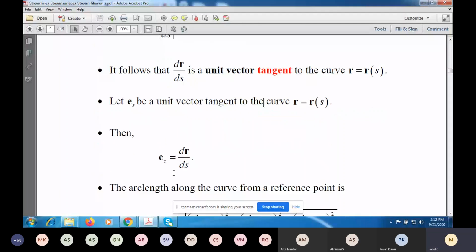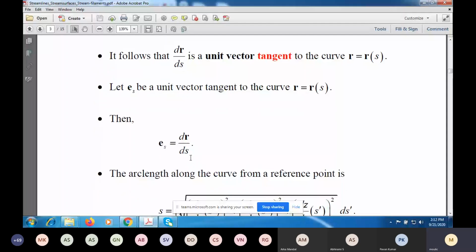Then I can say that ES is dr/ds. Of course, if one wishes, I can also say ES is minus dr/ds, because there can be two directions. The vector can either point in the direction of increasing s or decreasing s, depends on which way you go. But there is no loss of generality if I simply say ES is dr/ds.